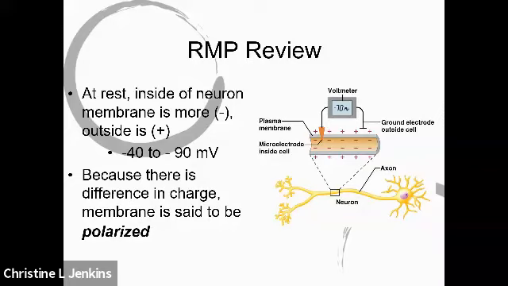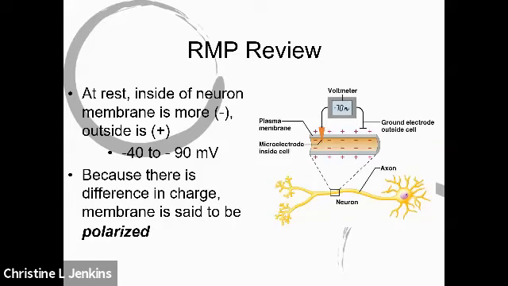Does that feel good? So we're going to review all of this because this is the reason why we're able to make an electrical current, because we have this resting membrane potential.